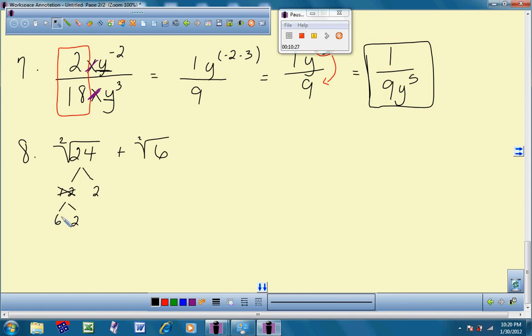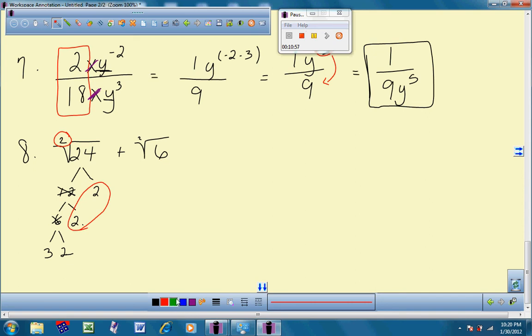Again, we have a 6, which is not prime. Let's see if we can break it down one more time. The factors of 6 are 3 and 2. So if I look at all my factors here, I see I have nothing but prime numbers. Now I'm going to look at my index. It's 2, so it's telling me that I need to group like numbers in pairs.